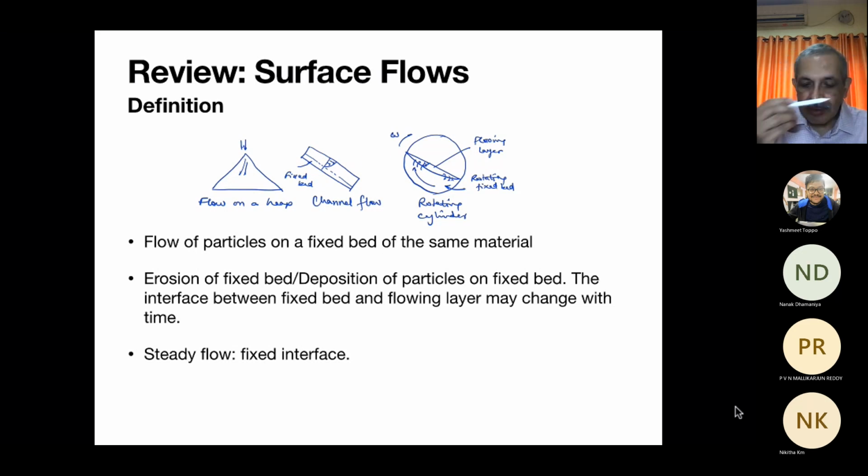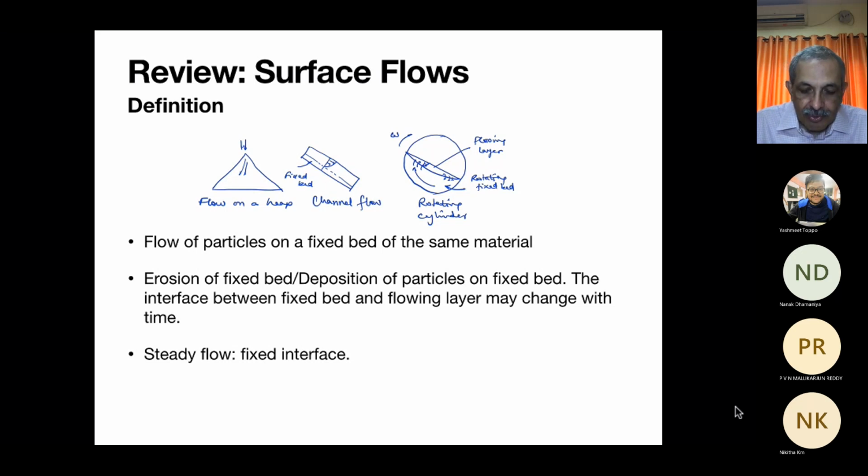The flow properties are as before, but the additional feature here is that some particles may deposit on the surface, or because of the flow the surface can actually get eroded. That means particles can come out from the fixed bed and go into the flowing layer.